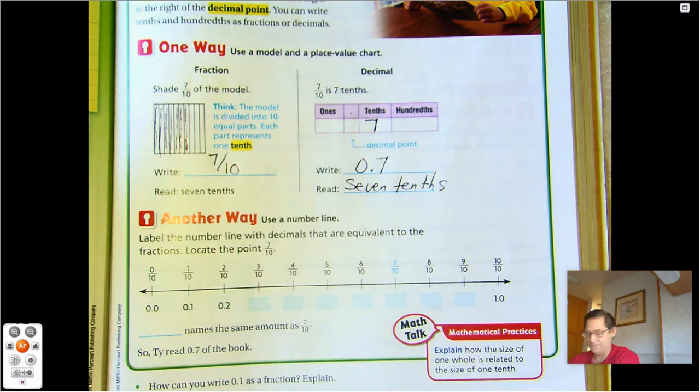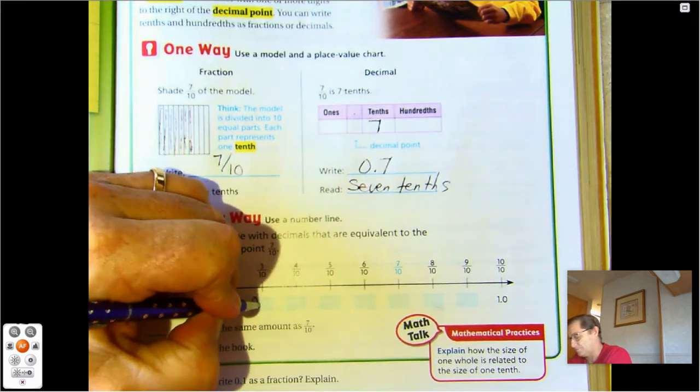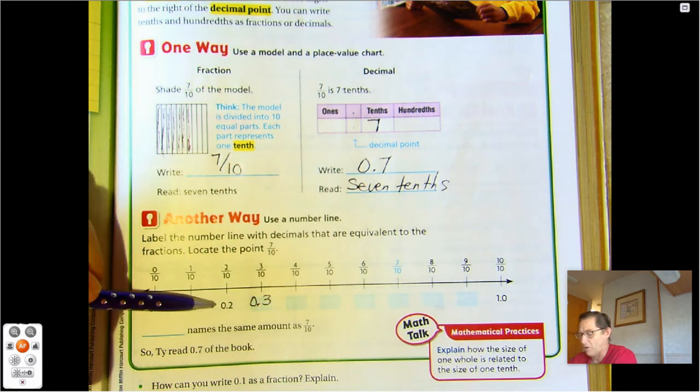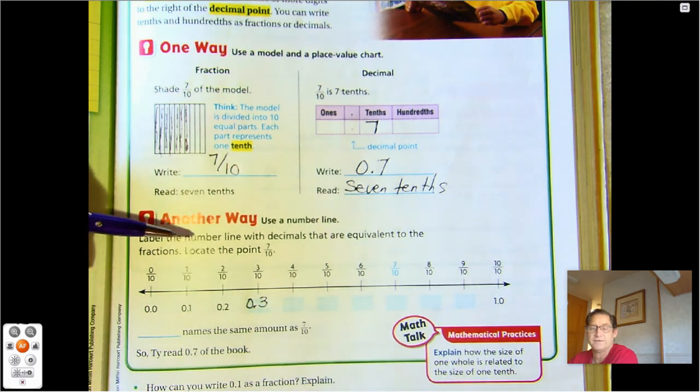So what do you think 3/10 is? It's 0.3. So the 0 represents that there is no whole number here.